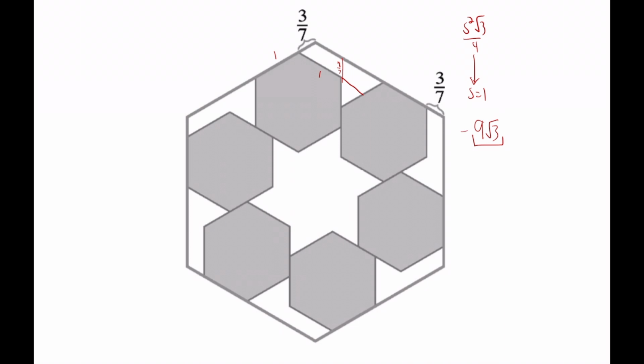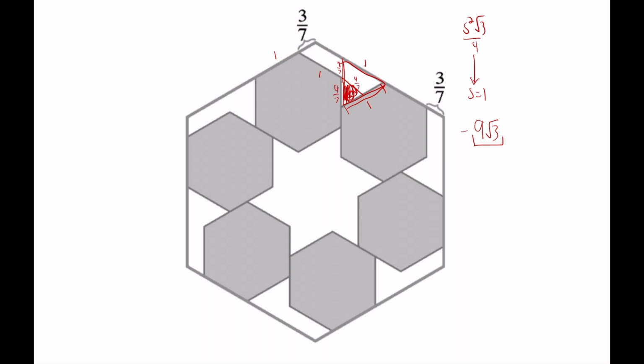So we know that this is equal to 1, and since this triangle is equilateral, this length is 1 and this length is 4/7. Since this shaded triangle is equilateral, that length is going to be 4/7.